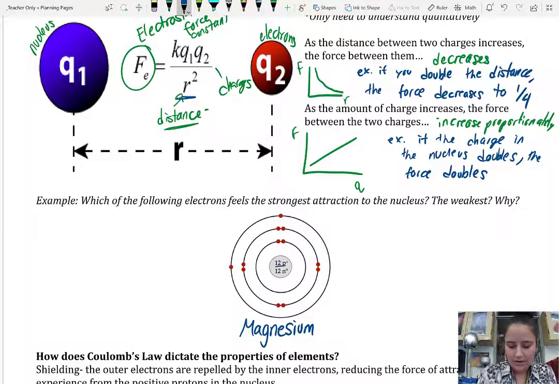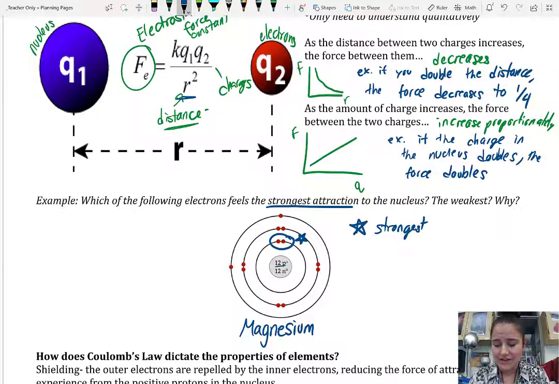Okay, well, that's going to be these ones. I'll mark them with a star. Star would be the strongest. Why? Because they're closer to the nucleus. So they are going to be held on the tightest. They're going to feel that strongest force of attraction between themselves and the nucleus.